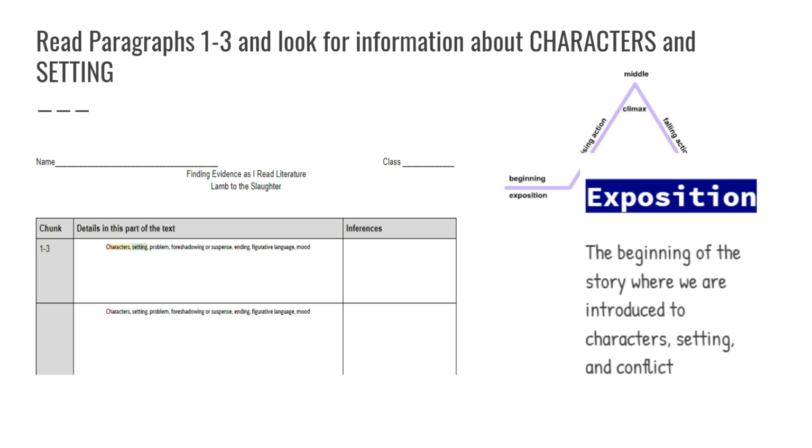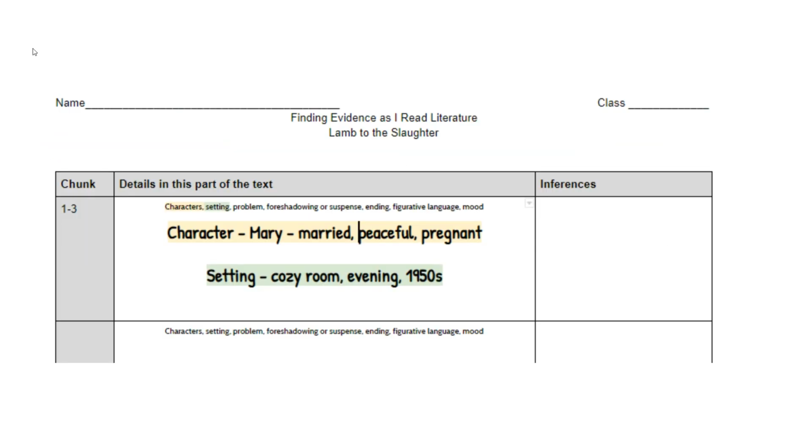So as we read this beginning of the story, we're most likely going to find information about the characters, information about the setting, and then we may find out what the big problem is. For now, just for paragraphs 1 through 3, we're only going to be looking for information about characters and setting.